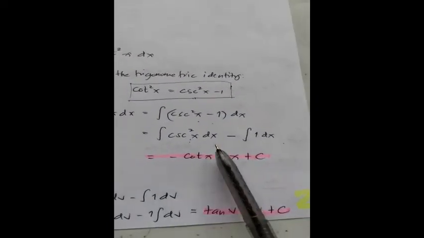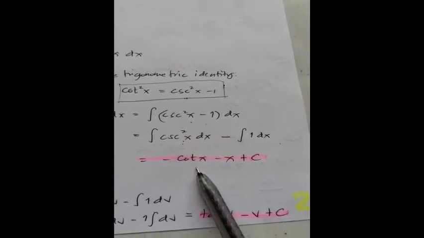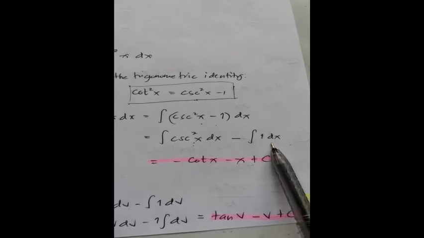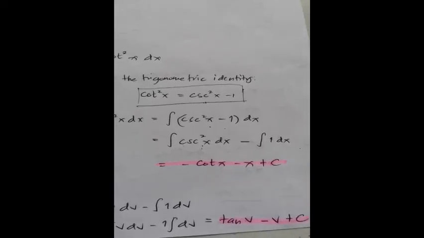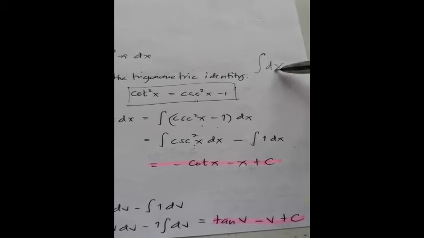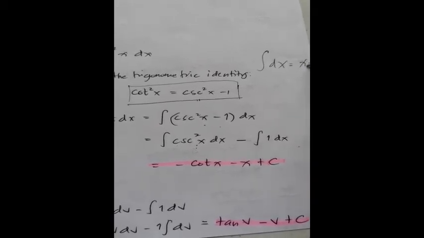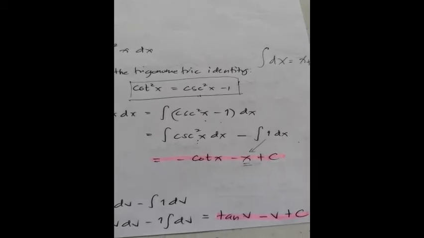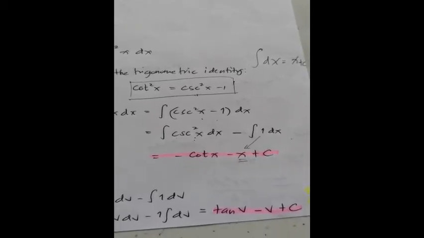So, ang integral ni cosecant squared x is the negative cotangent x minus x. Kasi doon sa theorems of anti-differentiation, the integral of dx is equal to x plus the constant c. So, that's why yan yung integral ni 1 dx.